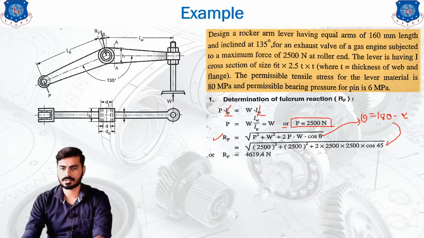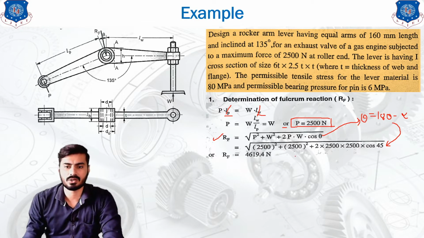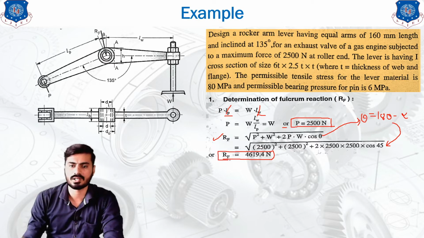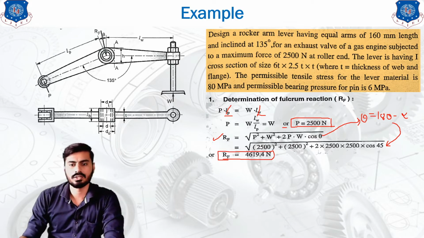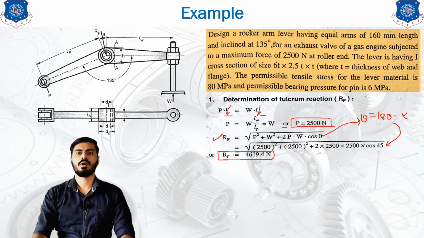Now if you simplify the equation, because there are no unknowns available in this equation, you can calculate it using the calculator. So this answer comes out to be 4619.4 Newton. So RF is calculated using this equation.